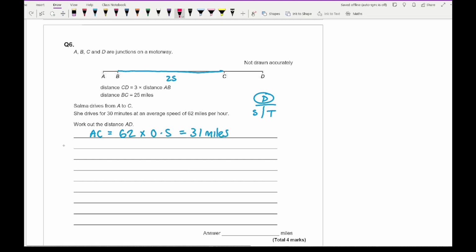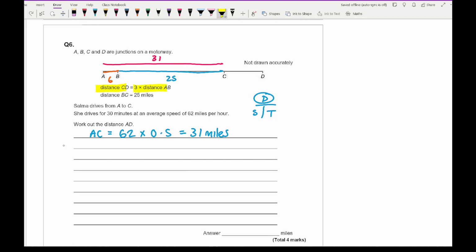So all of this distance from A to C is 31. So then I can work out what A to B is, and that's going to be 31 take away 25, which is 6.